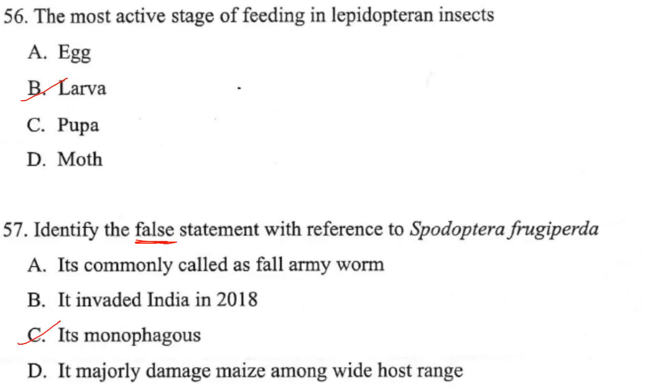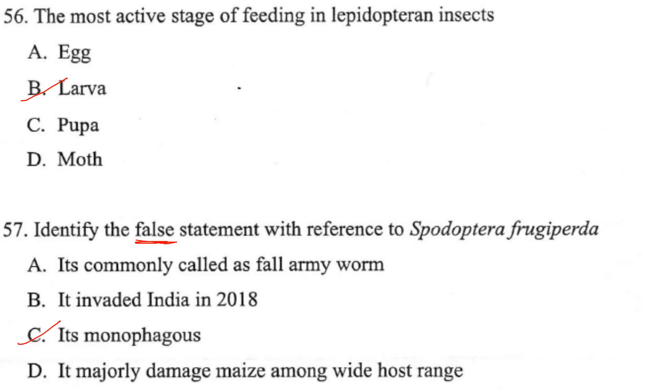The most active stage of feeding in lepidopteran insects is the larval stage. B. Identify the false statement with reference to Spodoptera frugiperda. So it is commonly called fall armyworm. That's correct. It invaded India in 2018. Is it monophagous? It is not monophagous, it is polyphagous.